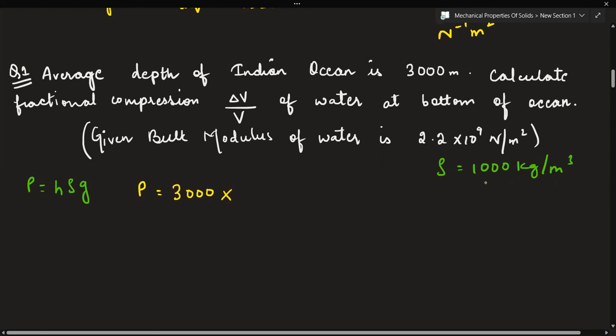You remember the density of water. Remember this for further questions also. Density of water is 1000, and let's take acceleration due to gravity as 10. So pressure is equal to 3 into 10 to the power 7 pascals.